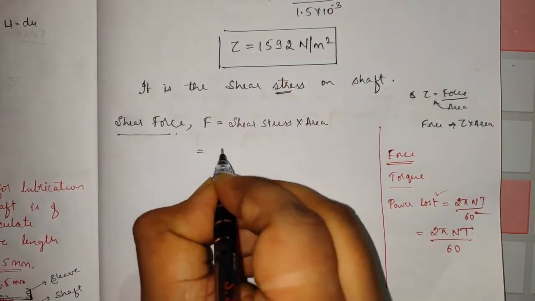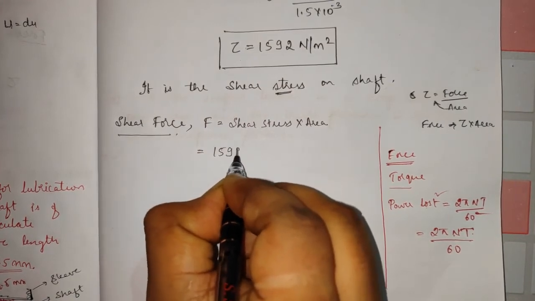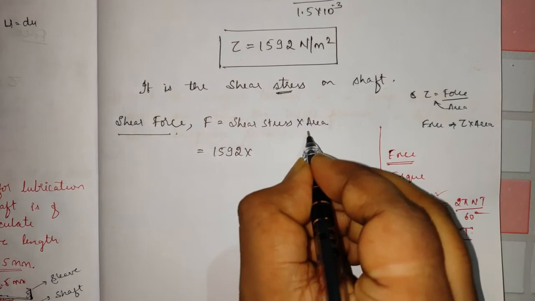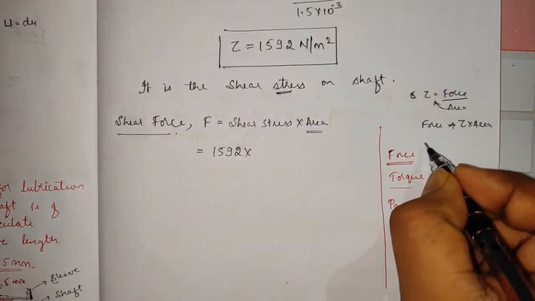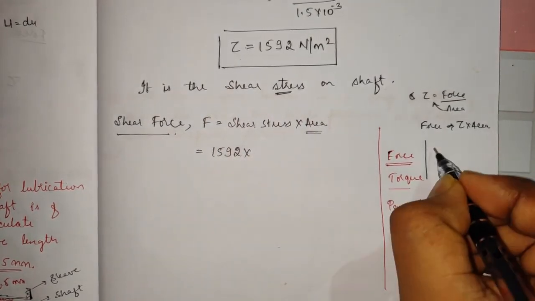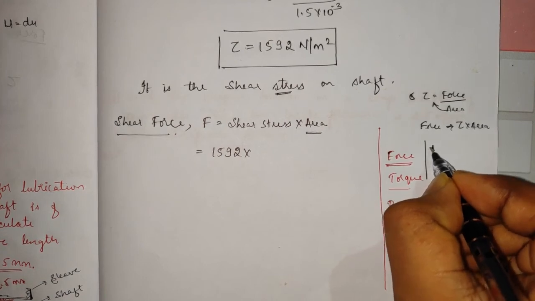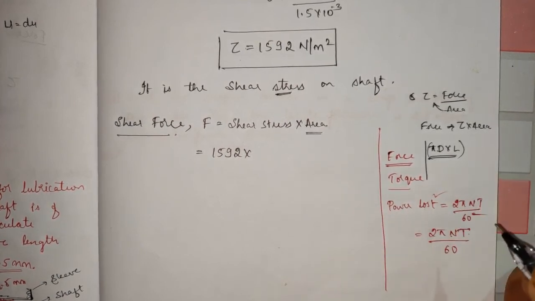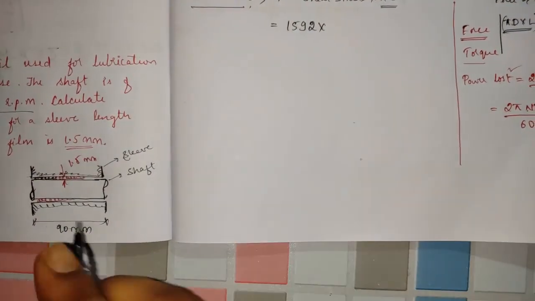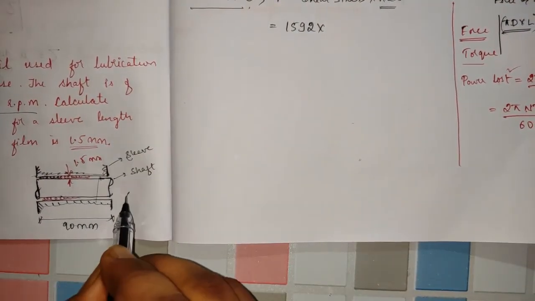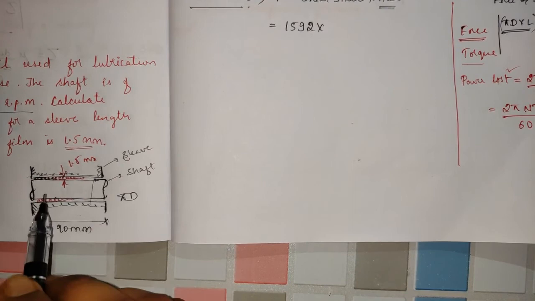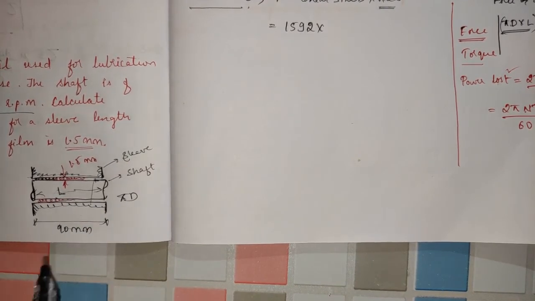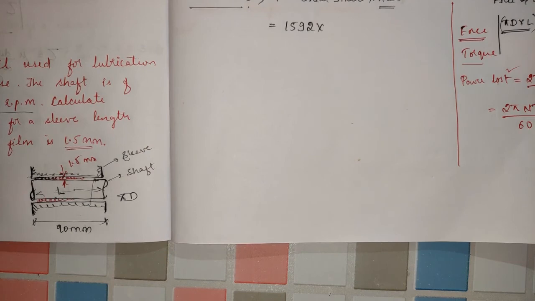Now what is the shear stress? 1592 into area. I can find this area because it is a pipe length, right? So pi d into L. Its cross section is pi d. How much length? Length is the length of the sleeve only.